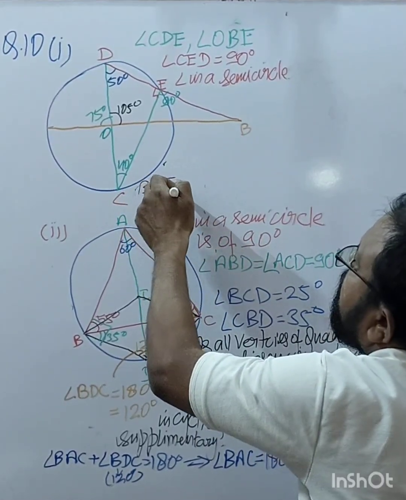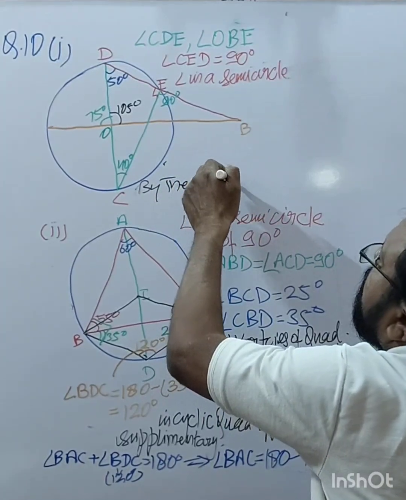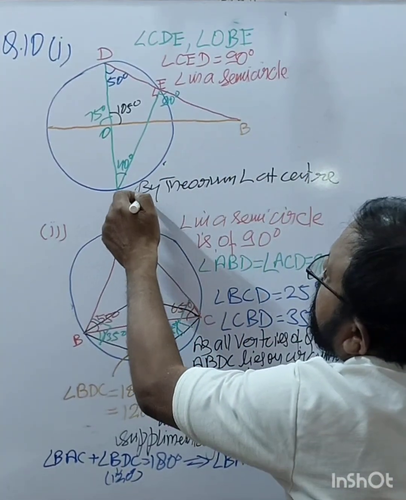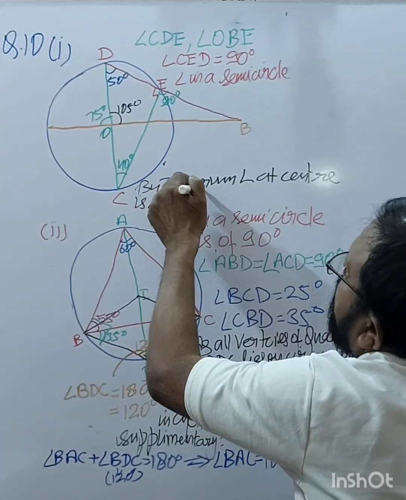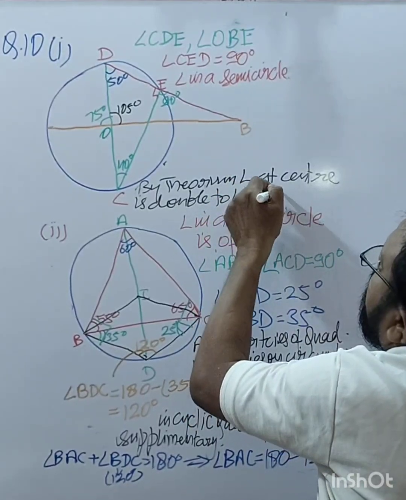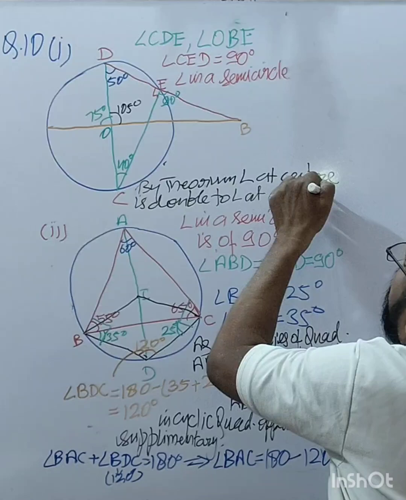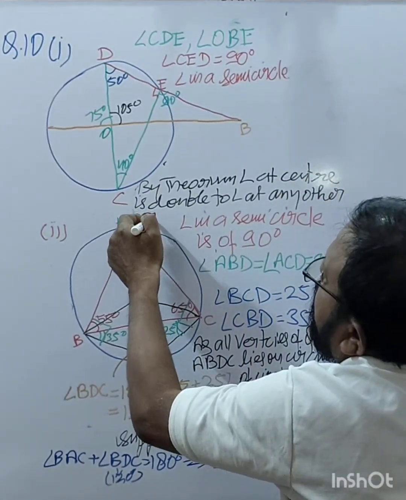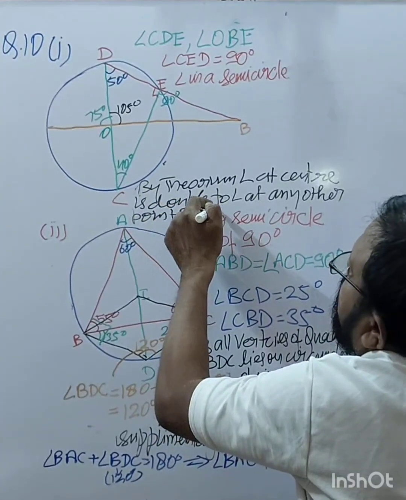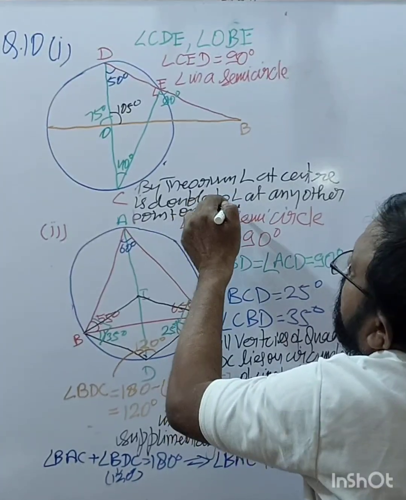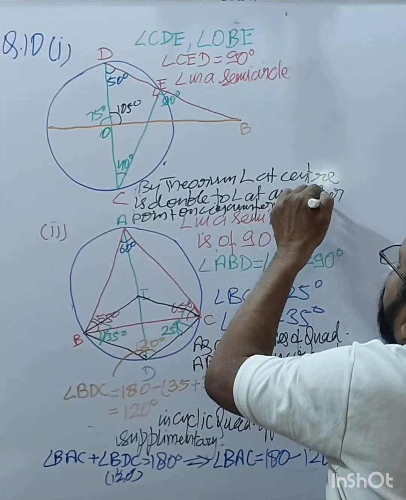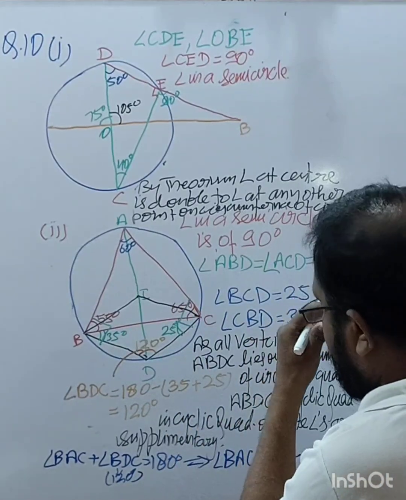By theorem, the angle at the center is double the angle at any other point on the circumference of the circle, right?